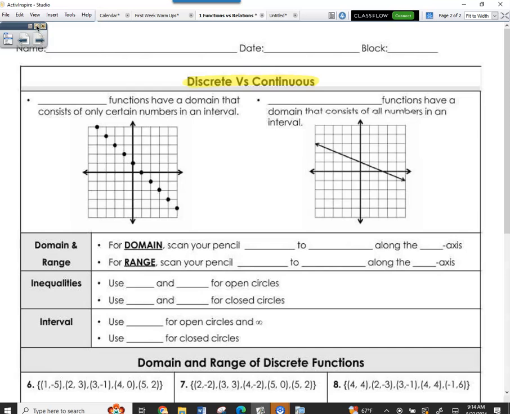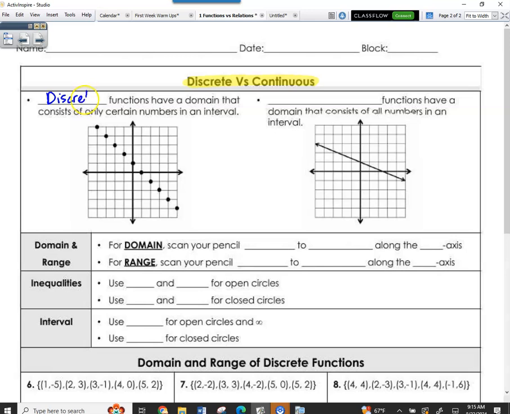Discrete in normal usage would mean secretly, not drawing attention to yourself. In math, it means disconnected. Discrete means disconnected. And then continuous would mean connected, okay? So let's take some notes.